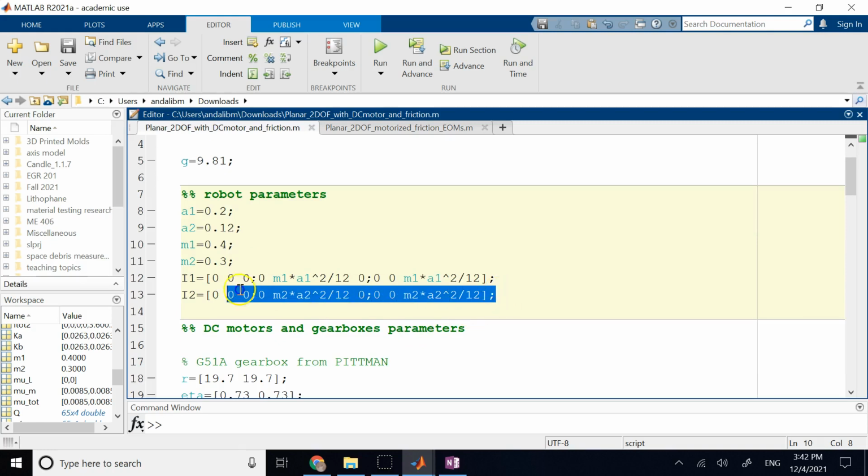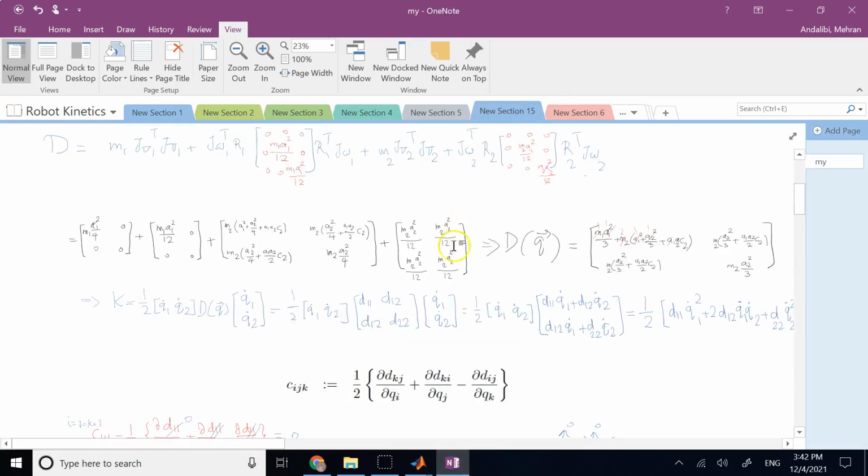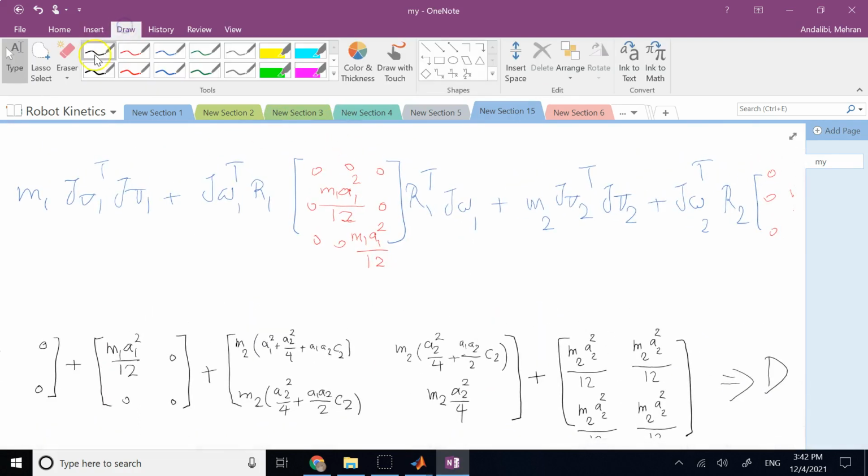These are the inertia matrices for links 1 and 2, as you can see. I only have I_yy and I_zz, everything else is 0, and that I have explained in one of my previous videos. So you can see them basically here, right?